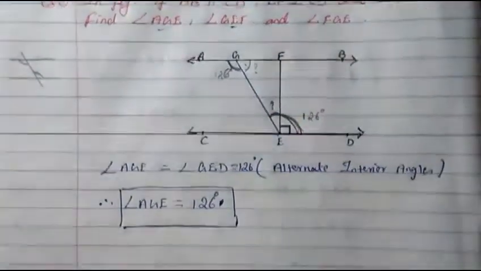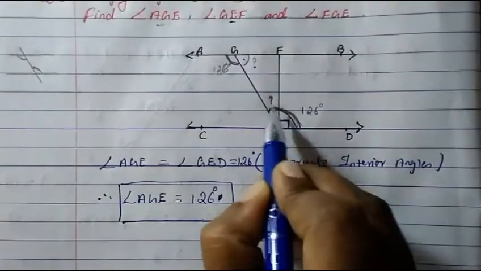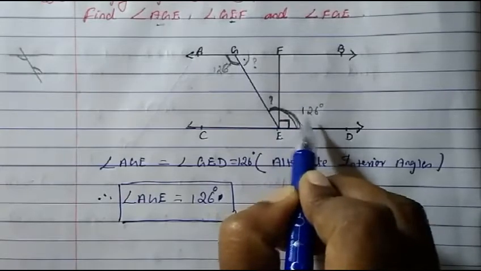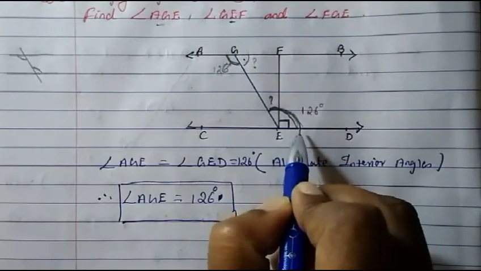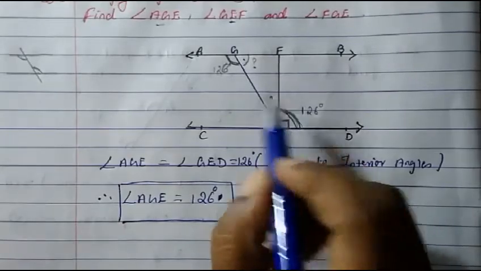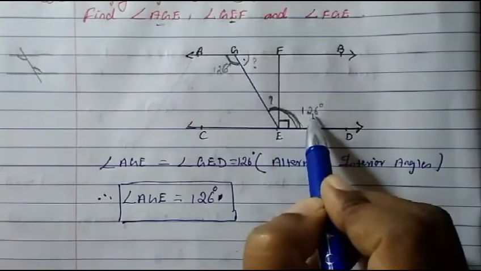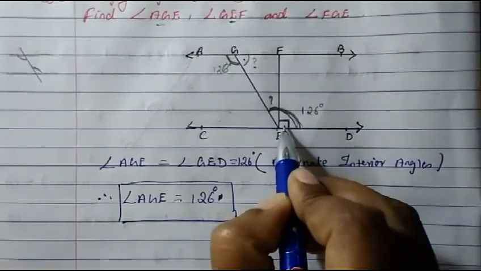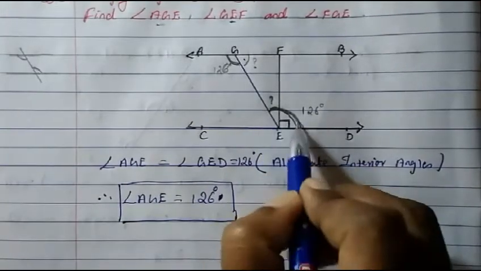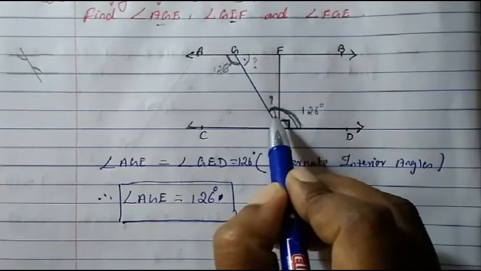To find this angle, it's very easy. The whole thing is 126, that is GED. This whole angle is 126, and this much is given as 90 degrees. So from 126, you cancel this 90 degrees, you subtract, then the remaining will be this angle.